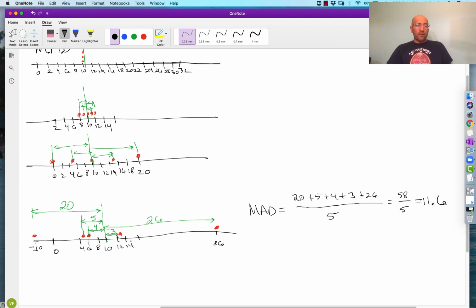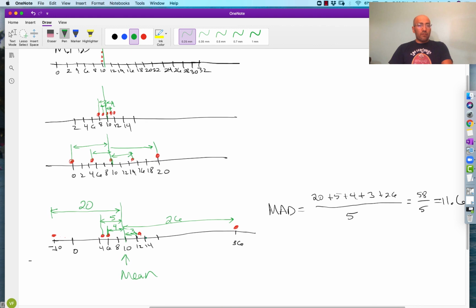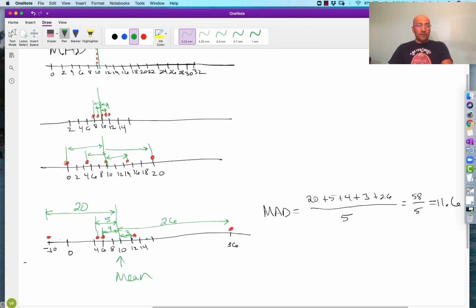What does it mean? On average, each point is 11.6 units away from the mean of the set, which is 10. Right? Don't forget that the 10 is the mean of the set, away from its mean. Okay, so the 11.6, the MAD score for set number 4 here, is one way to describe how spread out the data is, right?